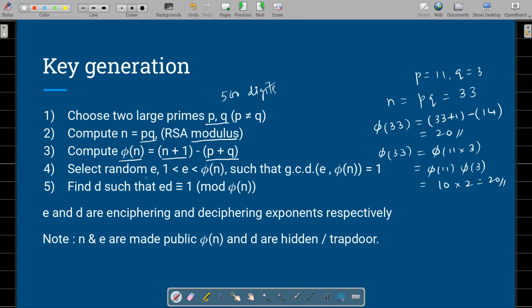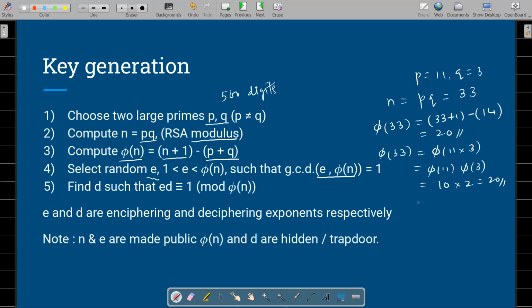Select at random some number E between 1 and phi(n), such that GCD of E and phi(n) is 1. And again, choosing such a random E for a big number like phi(n) can be done in practical time because of the prime number theorem. So just believe that such an E can be selected in reasonable time.